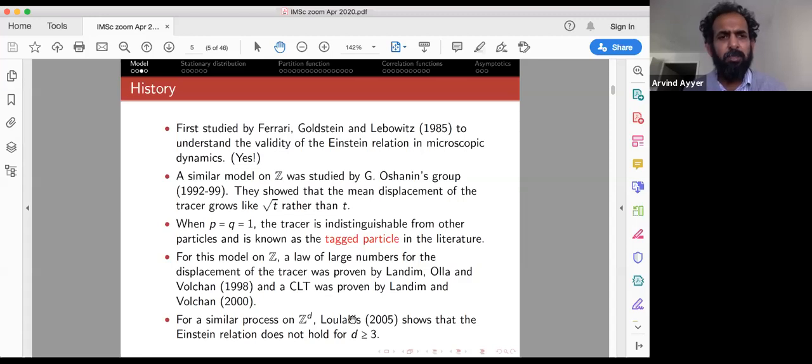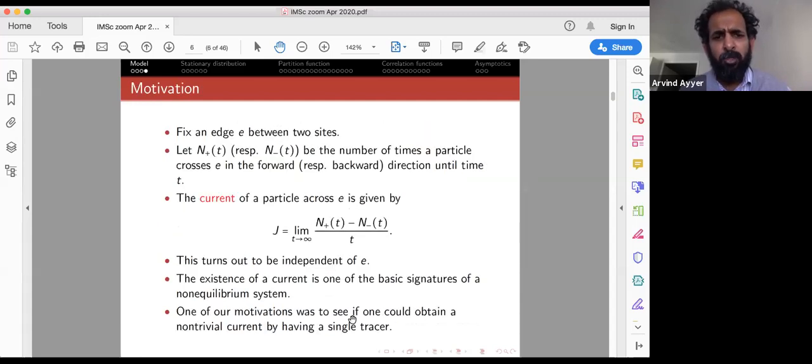I should also mention that after my work appeared on the arXiv, there was a paper of Martin Evans and his student Lebowitz, where they study this model with Q equals 0 and many more tracers. So they do more physics study. The motivation for me was to understand the current.